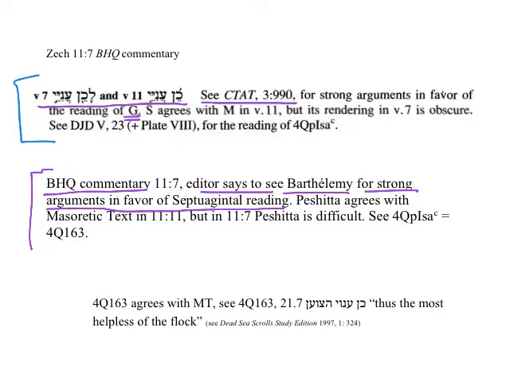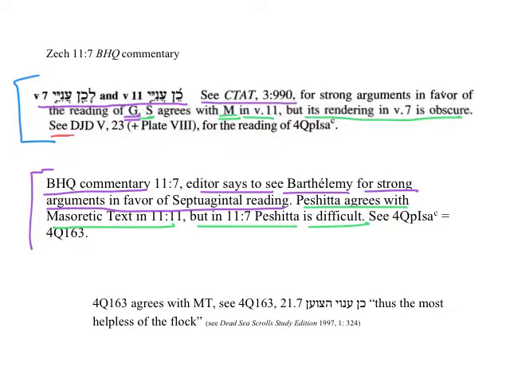Septuagintal reading. Then he notes that the Peshitta agrees with the Masoretic text in verse 11, but verse 7 is very difficult. So again, the S stands for the Peshitta, M stands for the Masoretic text, and they agree in verse 11, but verse 7 is difficult.